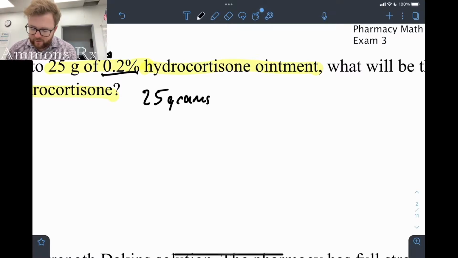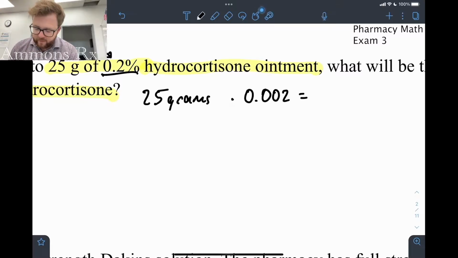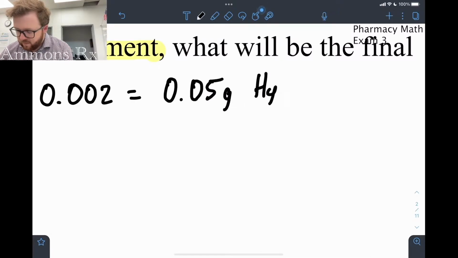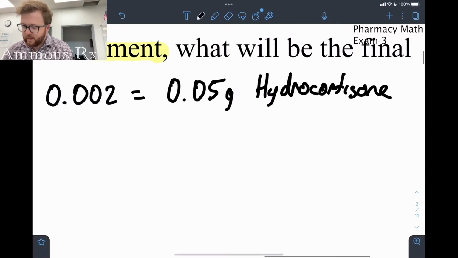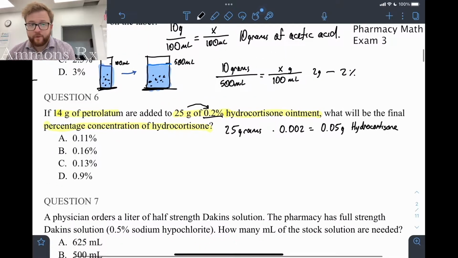So 0.2 divided by 100 is 0.002. So if you do 25 times 0.002, you will end up with the number of pure hydrocortisone. Okay, so that means that there was 0.05 grams of pure hydrocortisone, and there still is, right?